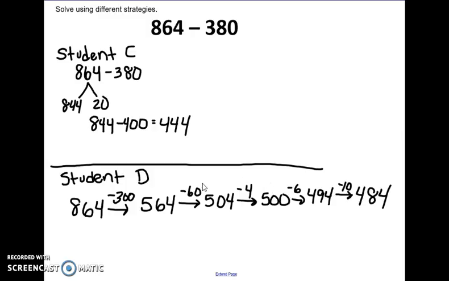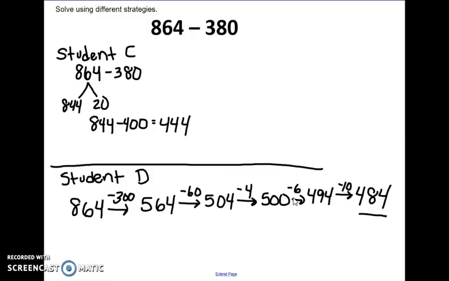So if we looked at how much he'd subtracted so far, here's 60 plus 70, which leaves him with 10 left for 80. So 500 minus 6 gives you 494. And then he was able to finish off by subtracting a 10 to get 484.